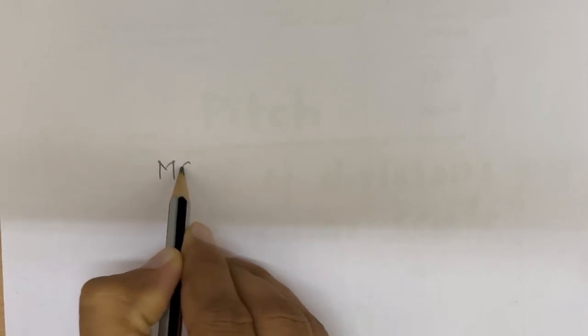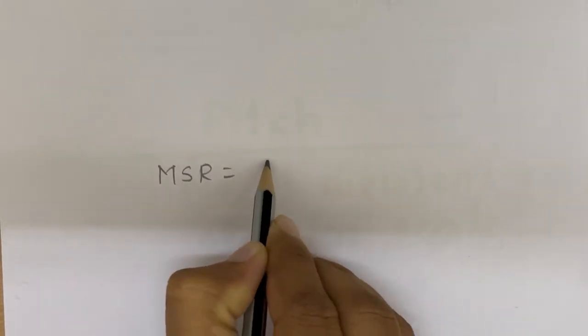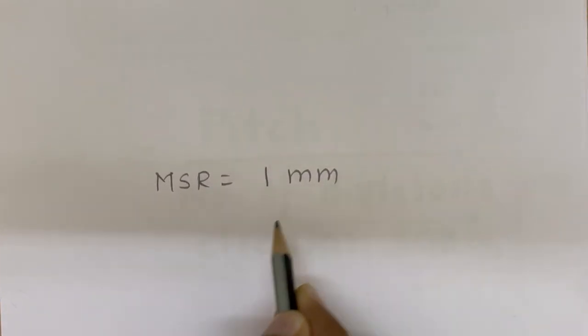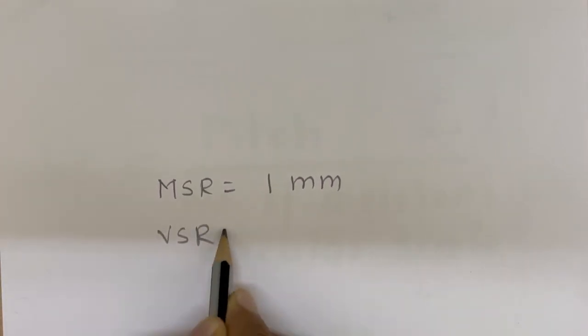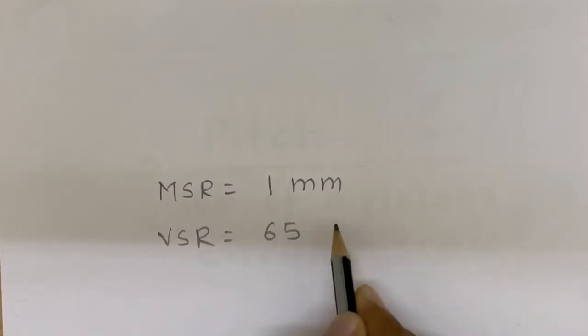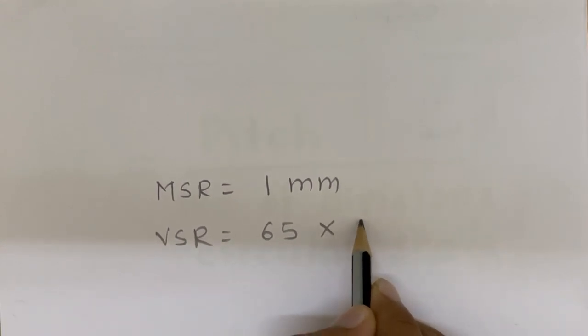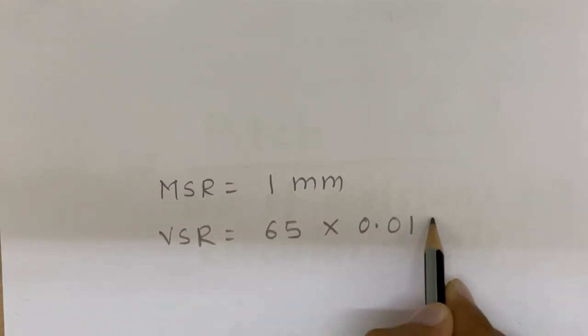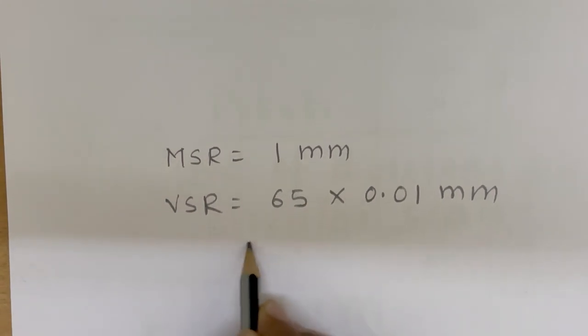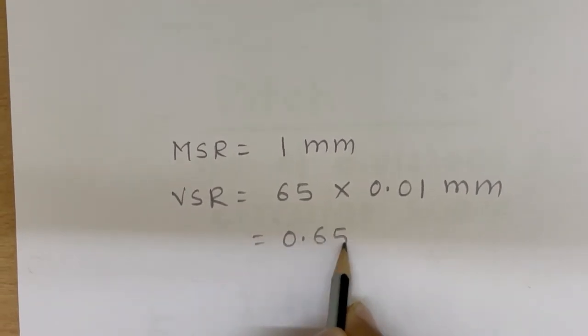Let us calculate the thickness of the glass plate, for which the MSR, that is the main scale reading, is given as 1 millimeter. The vernier scale reading is given as 65, which will be multiplied by the least count of 0.01 millimeter, which becomes 0.65.